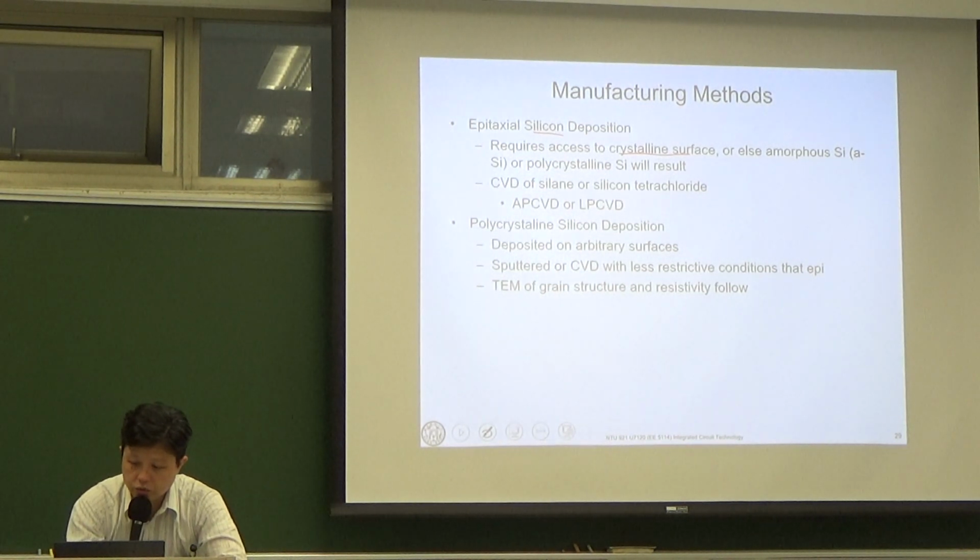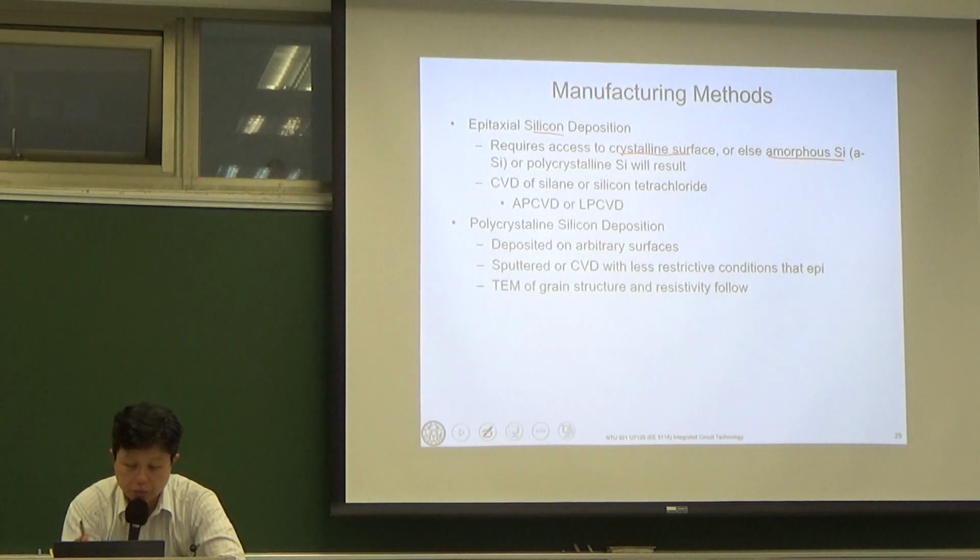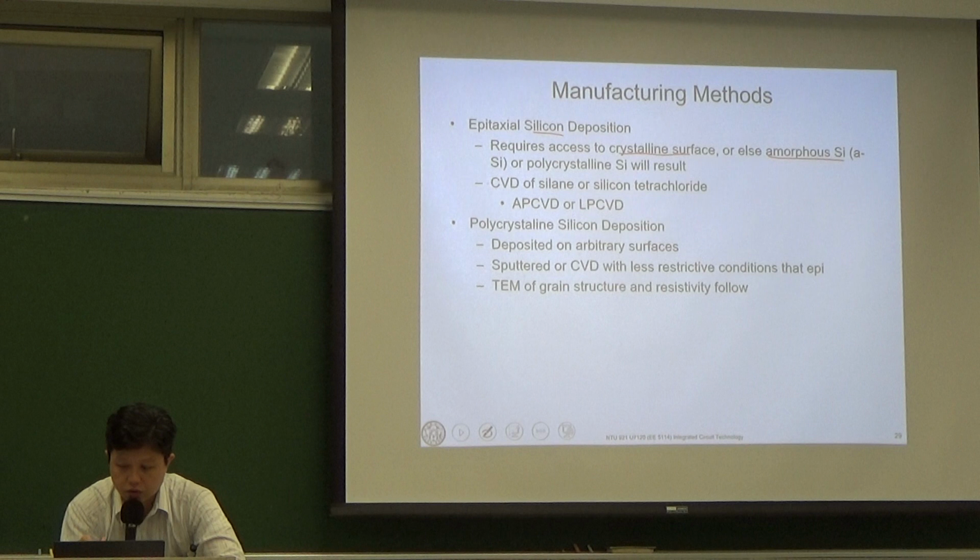But in some cases we use lower temperature, and we can have amorphous or polycrystal silicon. Because of some cost issues, we can use some cheaper way to provide silicon with less quality.